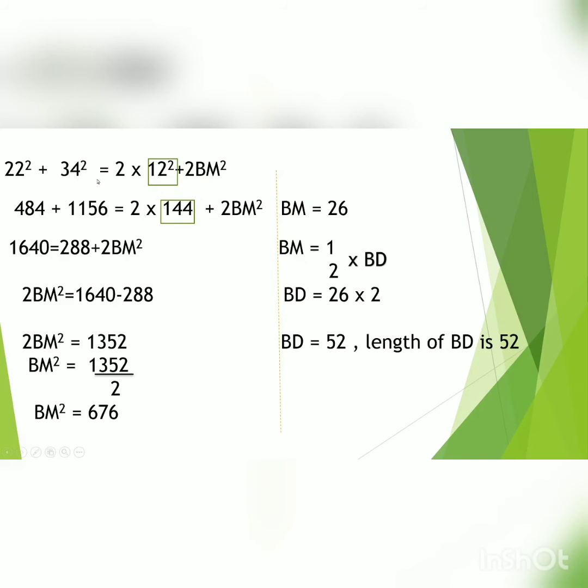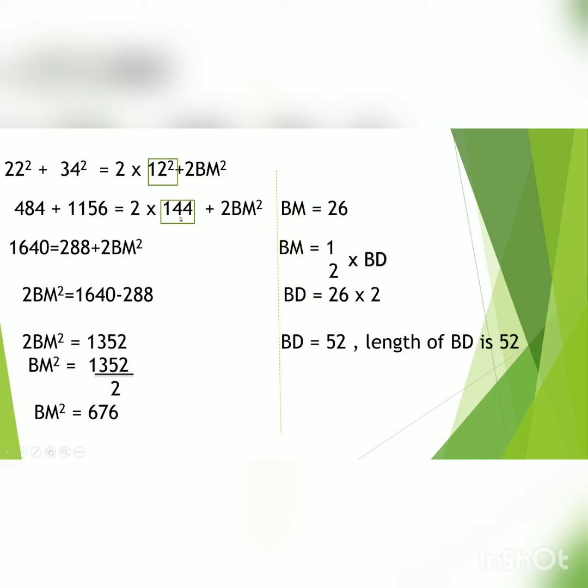In next step 22 square is equal to 484, 34 square is equal to 1156. So 484 plus 1156 is equal to 2 into 12 square, and in this empty bracket we put 144, writing 12 square.